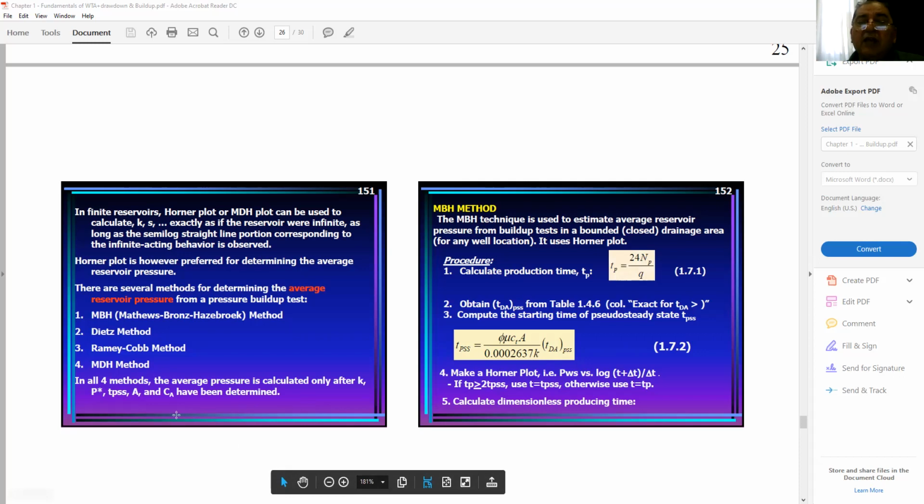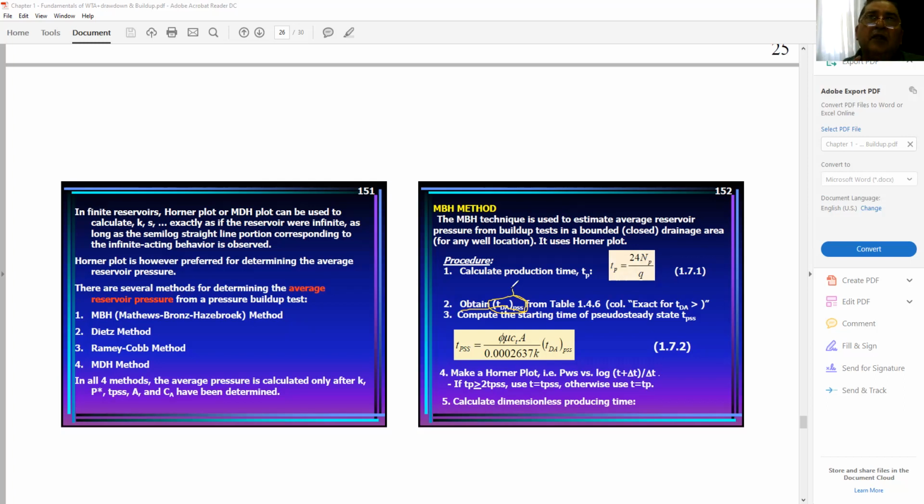Let me get back to table 146 so we could know how to get TDPSS. This is TDPSS, see? Dimensionless time for the starting of a pseudo steady state.